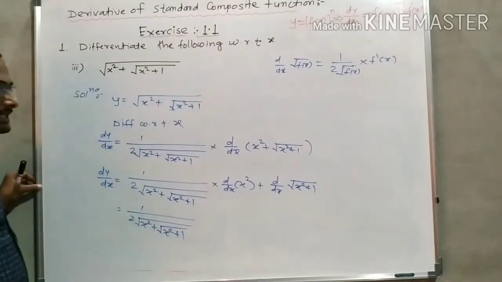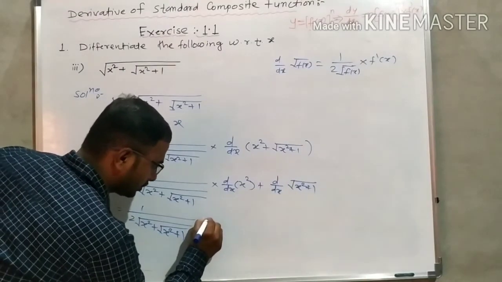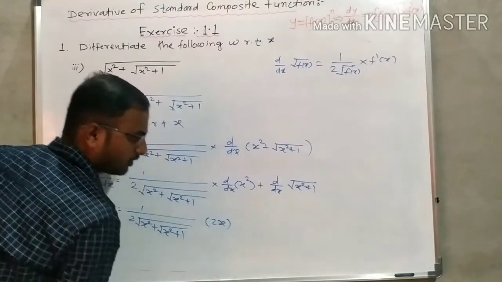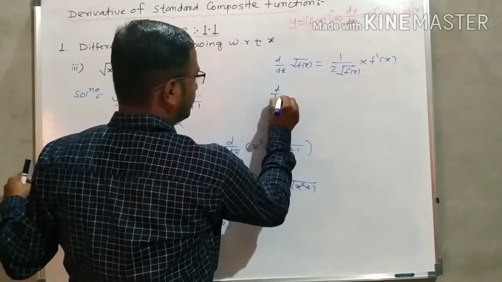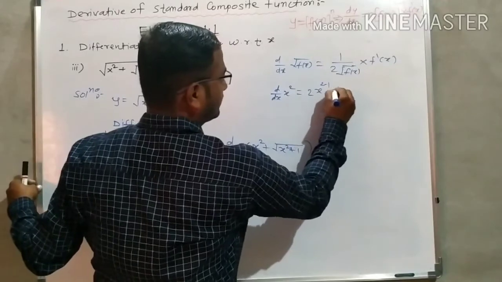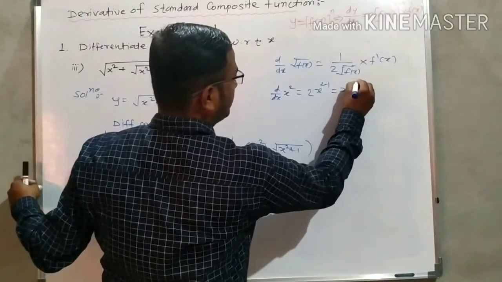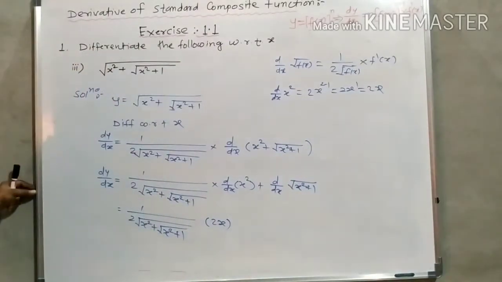This term is as it is. The derivative of x square: 2 into x to the power 2 minus 1, so 2 into x to the power 1, which means 2x.